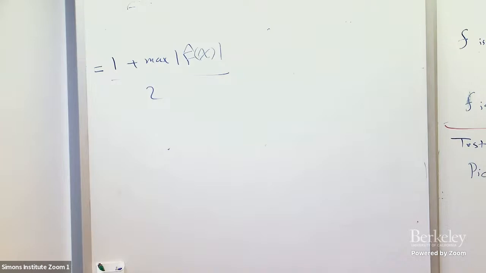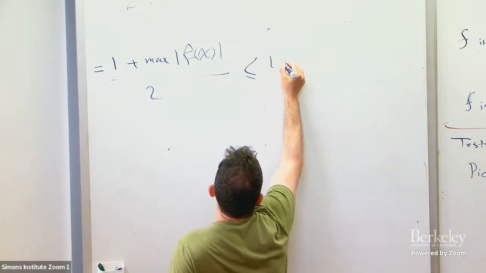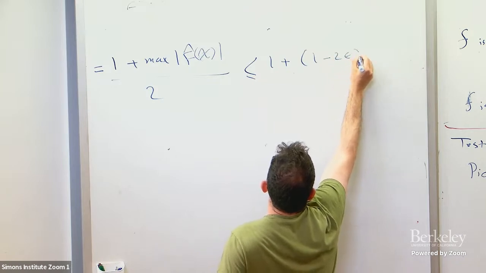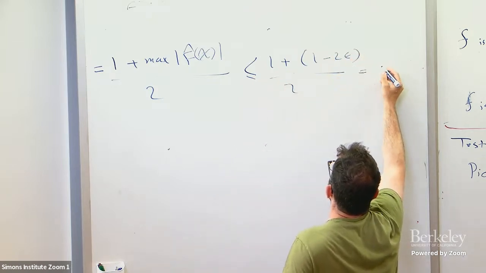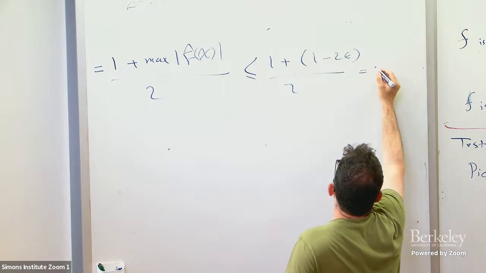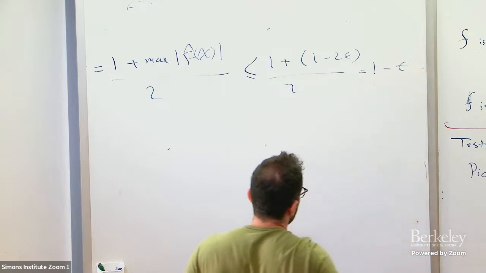But I know this maximum is at most 1 minus 2 epsilon, so I can plug that in. So this is at most 1 plus 1 minus 2 epsilon, over 2. That's 1 minus epsilon.